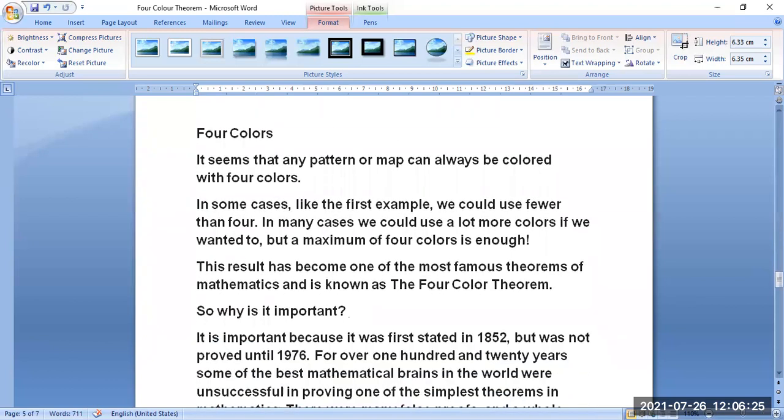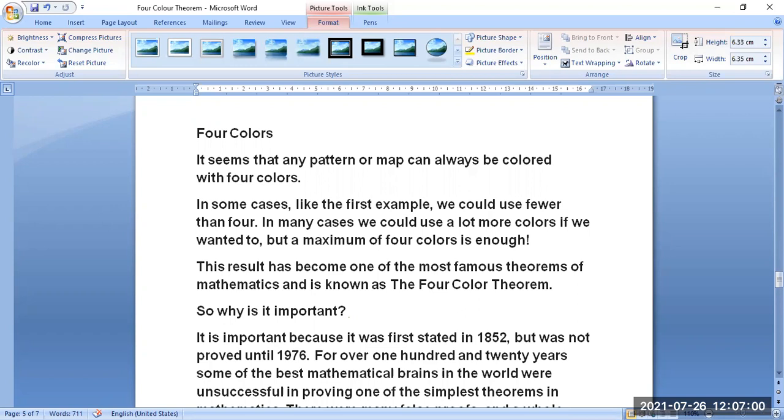Look here, it seems that any pattern or map can always be colored with 4 colors. Any kind of world map or Indian map, all states of the Indian map can be colored by 4 colors, and all countries of the world map by 4 colors.